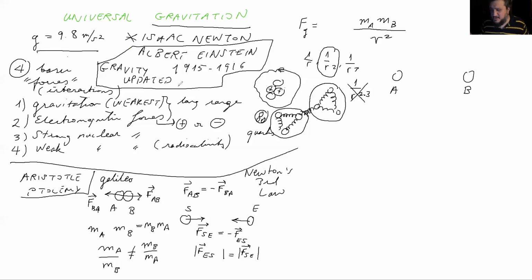You don't feel gravity, it's so weak. So how can you even make an experiment and find out what the dependence on R is? Well, it was done a long time ago, 300 years ago, by Cavendish. Actually, a very smart experiment by Cavendish. So it's experimentally proven that it is 1 over R squared.